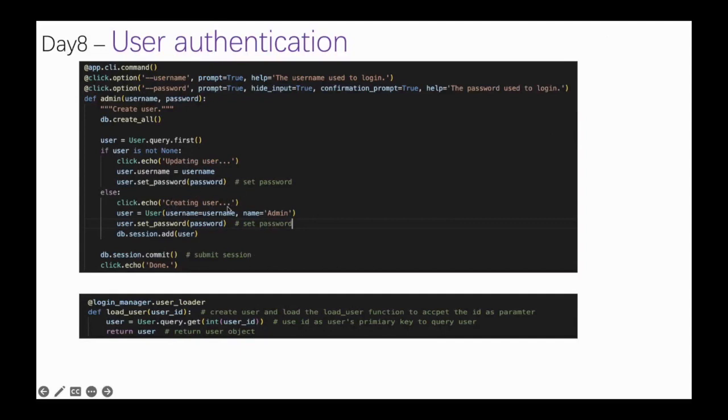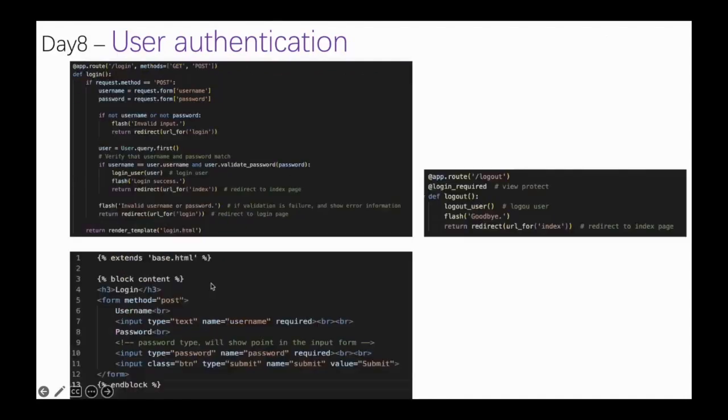If we have already created the user, we can update the username and the password. After we are done, we can commit to the database. Yeah, this is very simple.